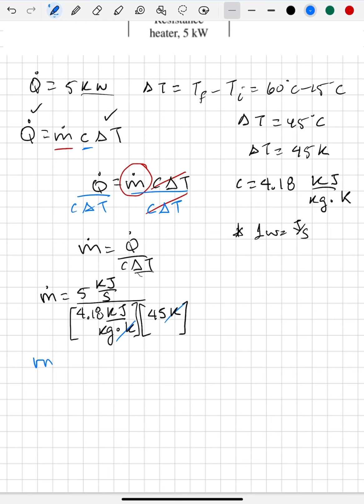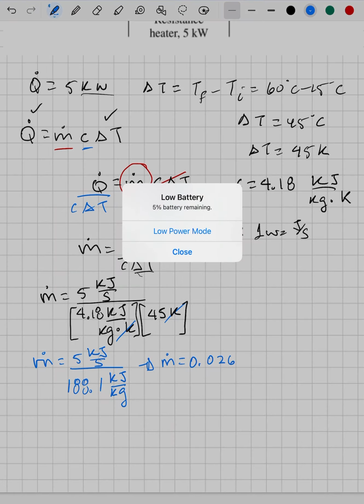So m dot is just equal to 5 kilojoules per second, divided by 4.18 times 45, which gives 188.1 kilojoules per kilogram. Now if I divide 5 by 188.1, I get 0.026 and so on.